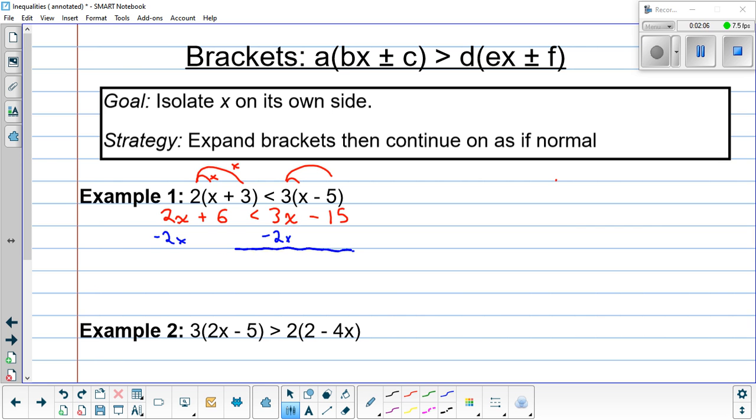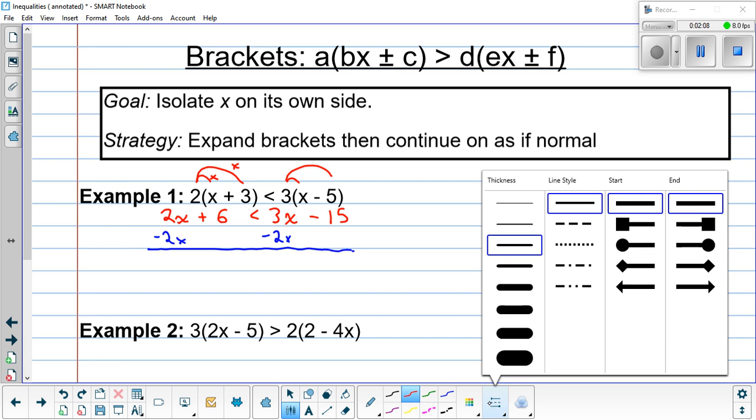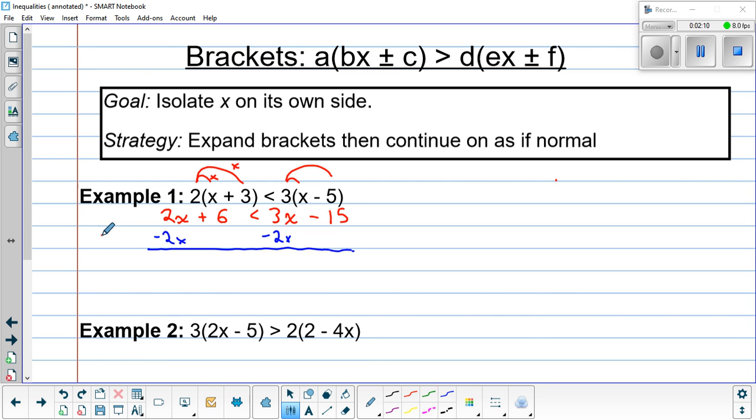So here, what are we going to get for this first step? 2x and negative 2x is 0, and we're just left with 6 on our left-hand side. On our right, we're left with x and minus 15.